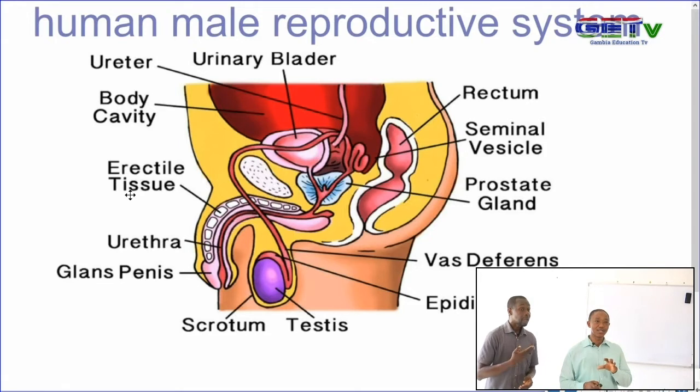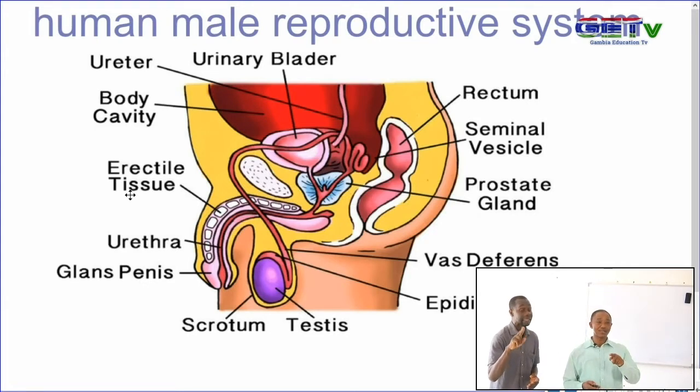You have those three tissues or organs that help in producing materials that would help to provide a means of movement for the sperm cells: the prostate, the Cowper's gland, and the seminal vesicles. And remember, we said all these liquids together mixed with the sperm cells form the semen.